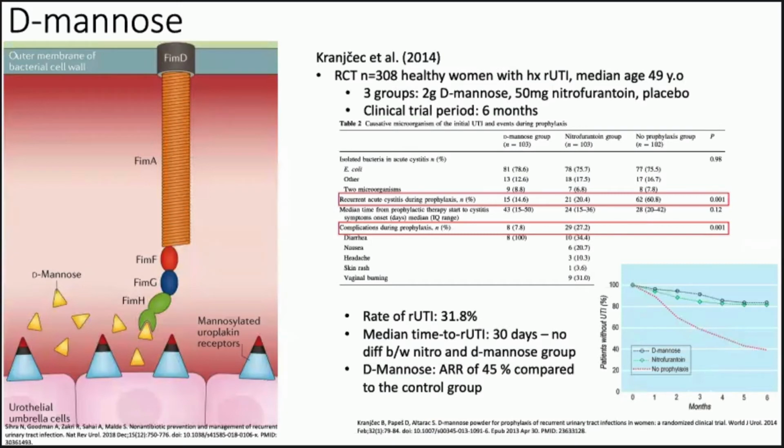Patients in the D-mannose and nitrofurantoin groups also had a significantly lower risk of recurrent cystitis episodes during the prophylactic therapy compared to patients in the no prophylaxis group, with an absolute risk reduction of 45% compared to the control group. And then the difference between D-mannose and nitrofurantoin groups wasn't found to be significant, as we can see here.